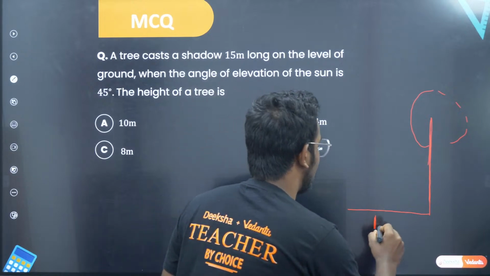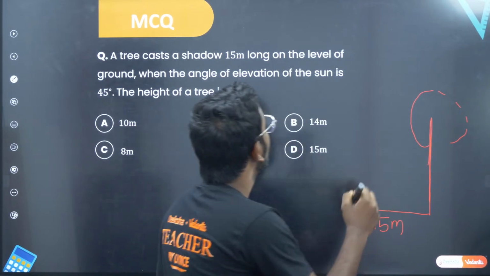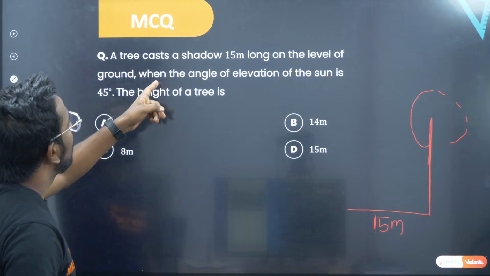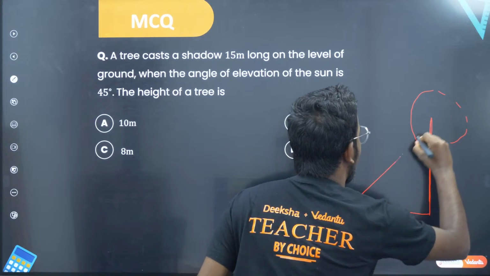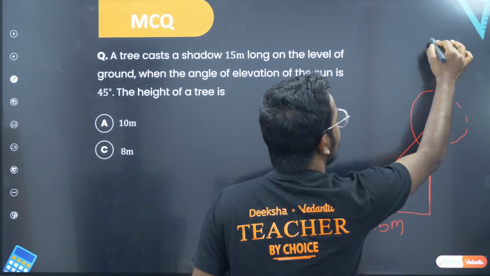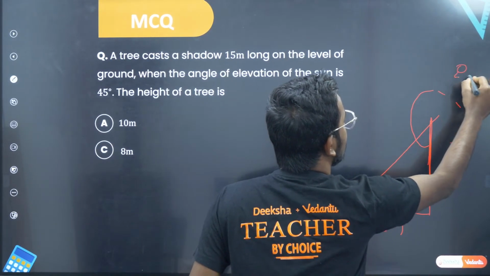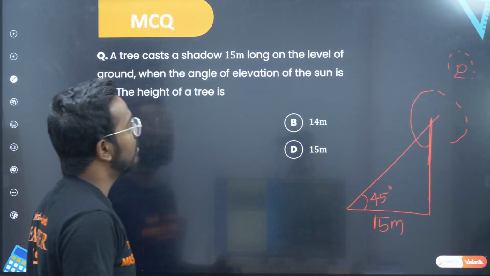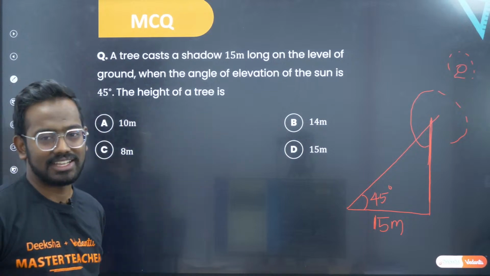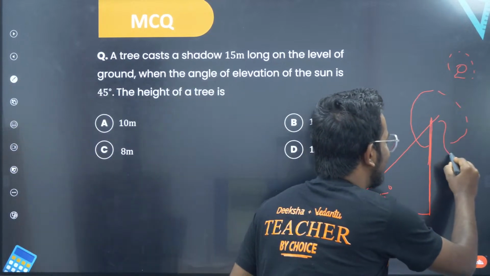So the shadow is basically 15 meter, that is given, right? And when the angle of elevation of the sun is 45 degree, if suppose this is the sun over here, the angle of elevation is 45 degrees. So now your job is to find the height of the tree.